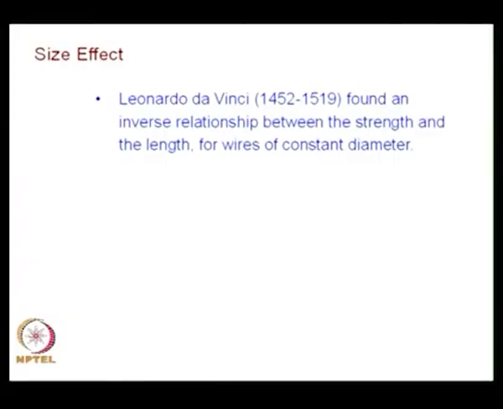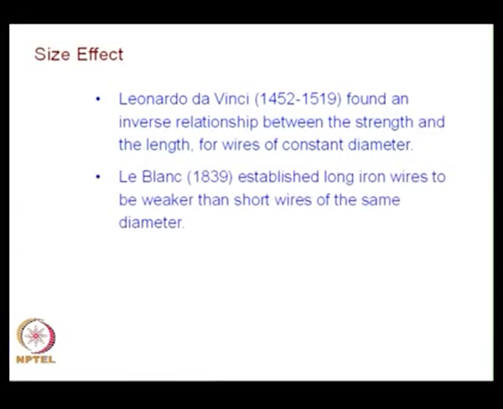If the experiment is carefully performed and the results are also honestly reported, then experiment is truth. You have to find out reasons for such a behavior, and later you find that another person, Lee Blanc, in 1839, also established long iron wires to be weaker than short wires of the same diameter.